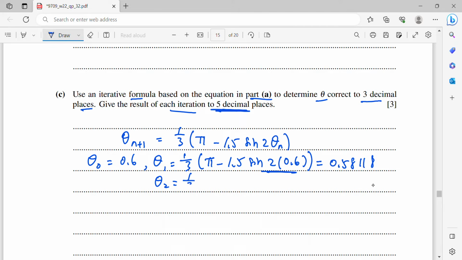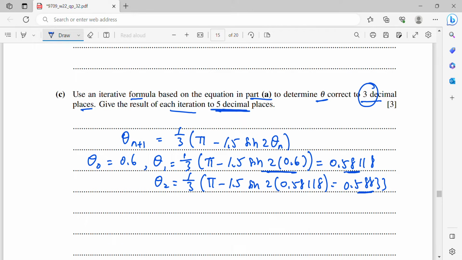Then now count theta 2. So theta 2 will be 1/3 pi minus 1.5 sine 2 bracket 0.58118. So it will be 0.58833. When do we need to stop our iteration? Data correct to 3 decimal places: make sure these 3 values are the same as the previous.